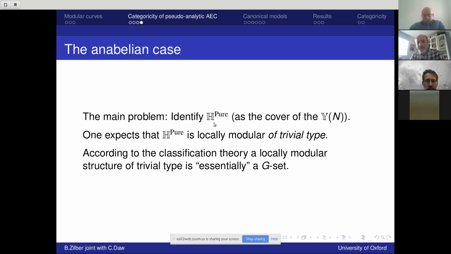So this group acts on G, but also, of course, this action doesn't have to be free.